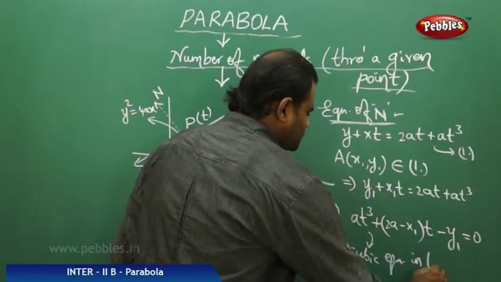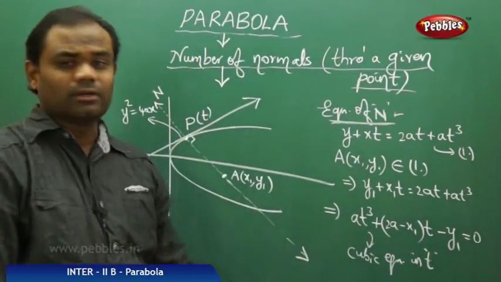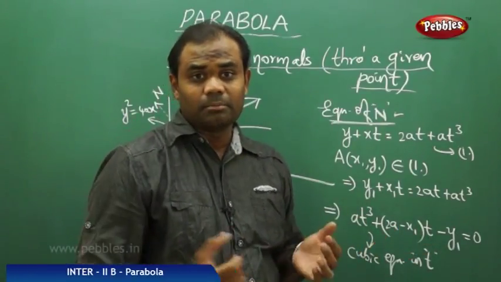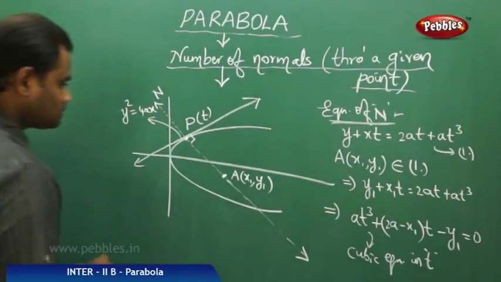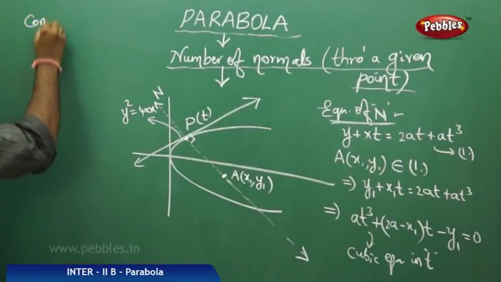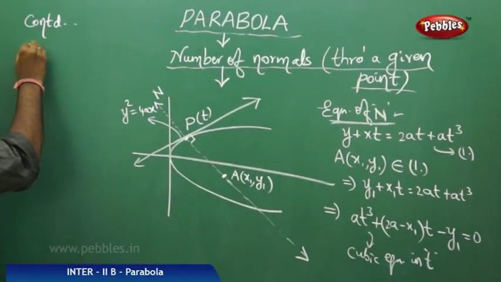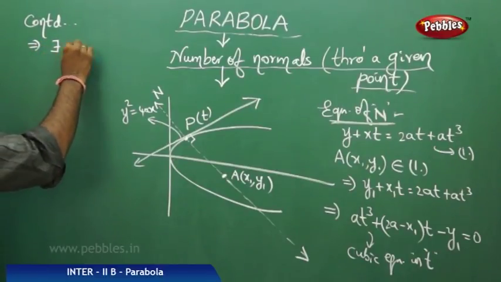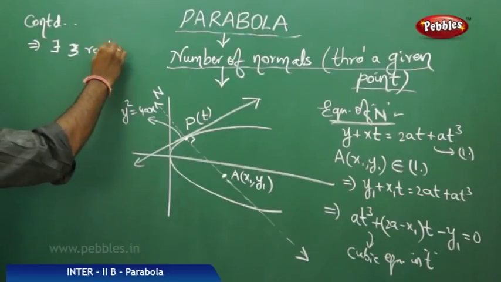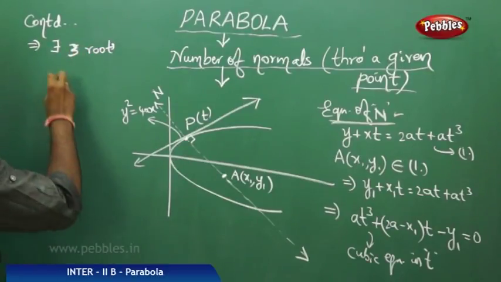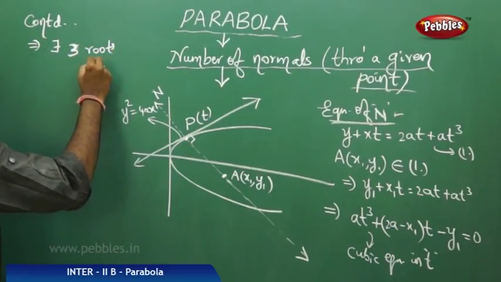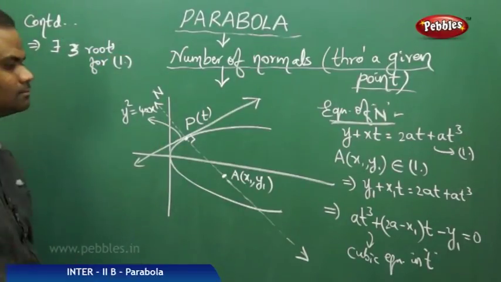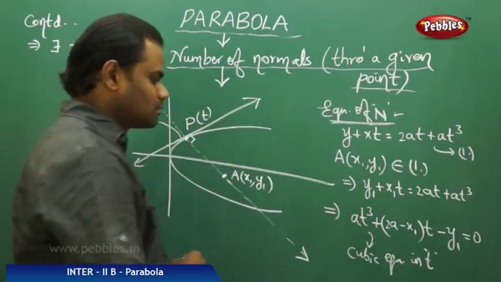Now since this is a cubic equation in t, it has 3 roots for t, that is 3 parametric points. That implies there exist 3 roots for this.